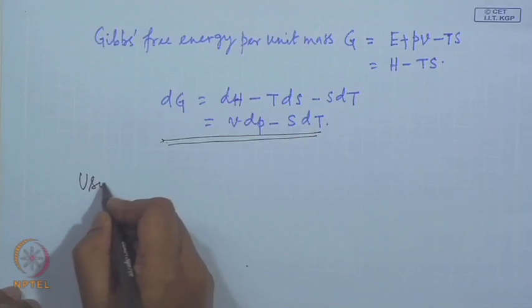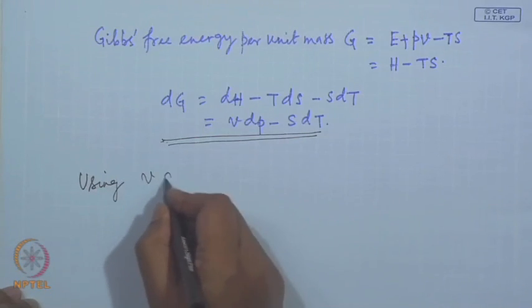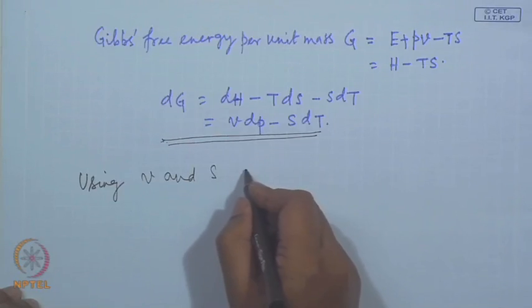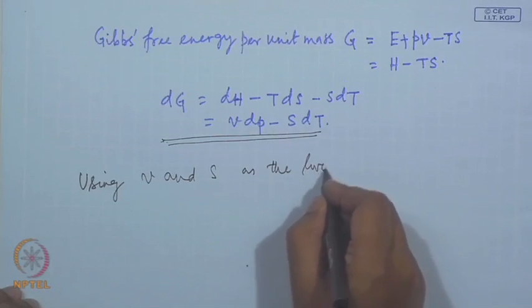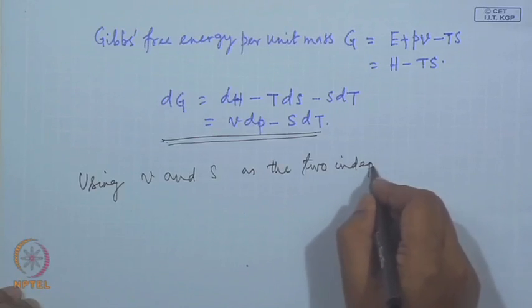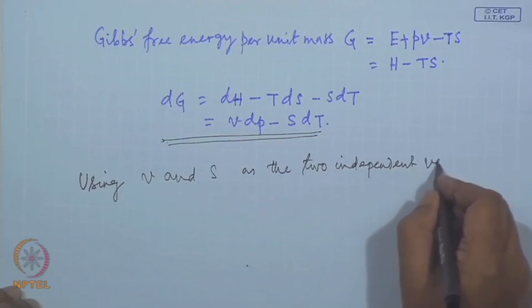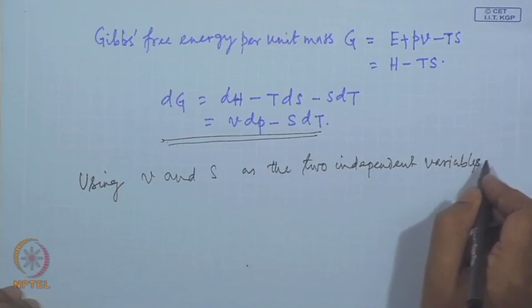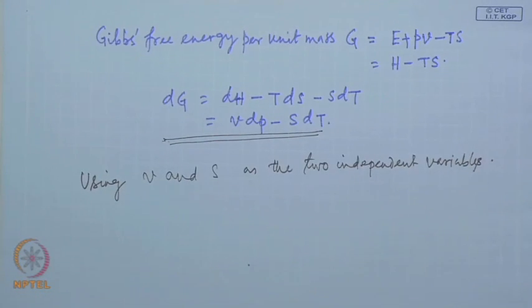We will be using V and S as the two independent variables. We have already stated that for any pure substance, any two state variables can be considered as independent variables, and all other state variables or state functions can be obtained in terms of those two. Earlier we expressed pressure and specific volume as two such independent variables and expressed all others as functions of pressure and volume.